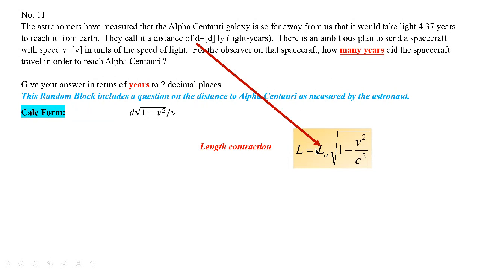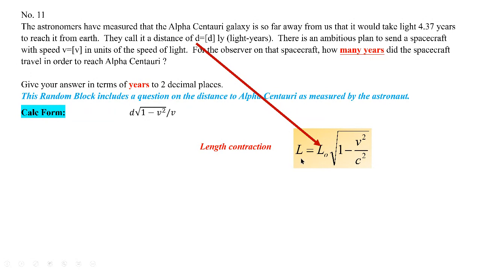D is the distance as measured by the guy on the platform. You remember in the tunnel, the train being trapped in the tunnel? D here, L0 here, is the distance as measured by the platform. This L is as measured by the astronaut who is in a moving frame. He is in a moving frame of reference.